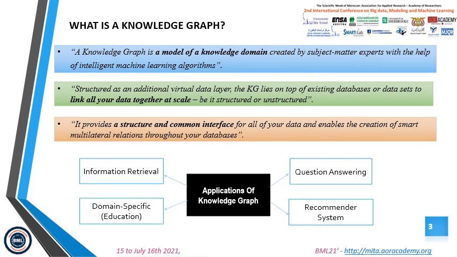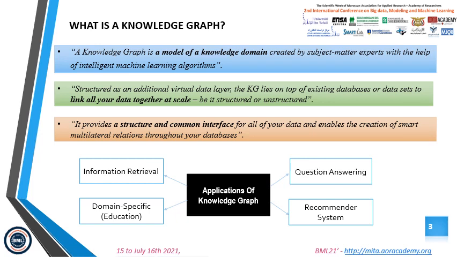So, what is the knowledge graph? From a knowledge engineering perspective, we define a knowledge graph as a model of a knowledge domain created by subject matter experts with the help of intelligent machine learning algorithms. From a data architecture perspective, we define the knowledge graph as an additional virtual data layer.